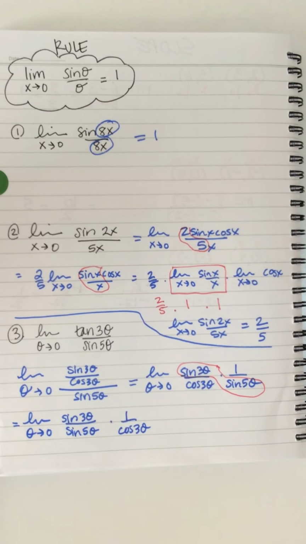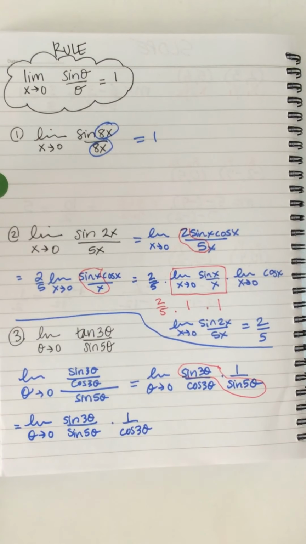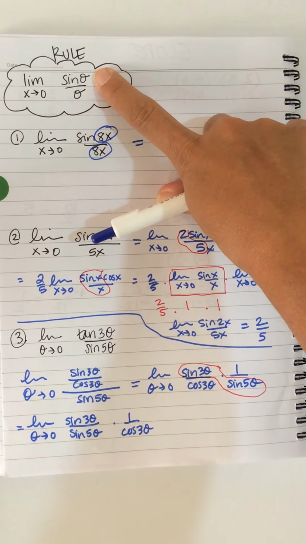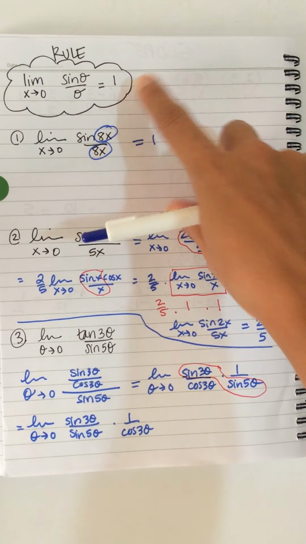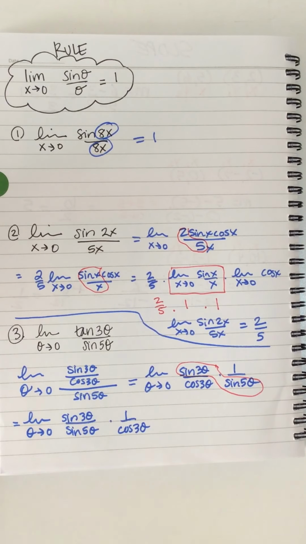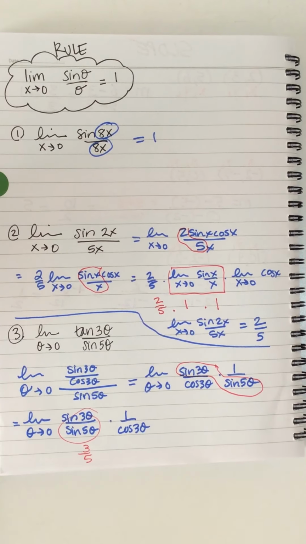Same thing, just rewritten differently. Why am I doing this? Because we had a rule, which I wrote yesterday, where the limit of sine ax over bx is just equal to a over b. So I know that this part right here is equal to 3/5.